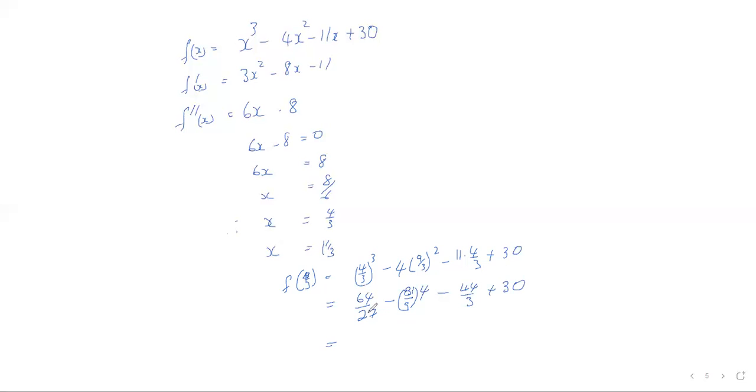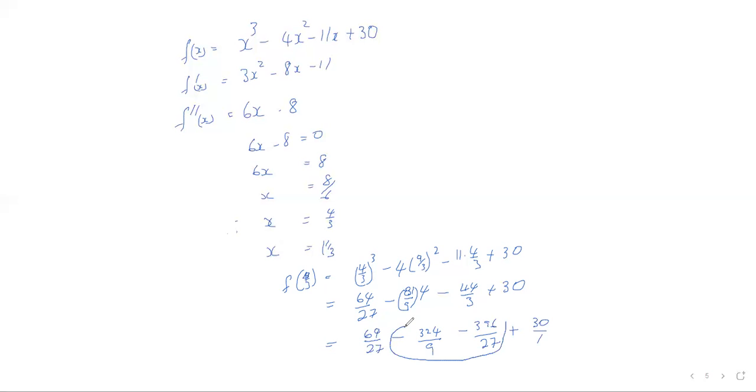That gives us 64 over 27 minus 64 over 9, minus, if I multiply this by 9, I'm going to get 27 on the bottom, 44 times 9, plus 30 over 1. These are all negative.